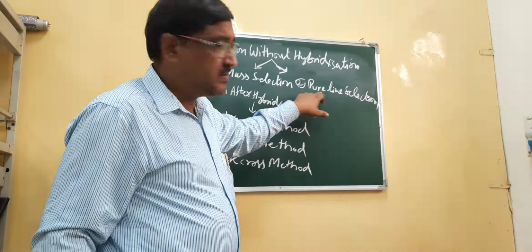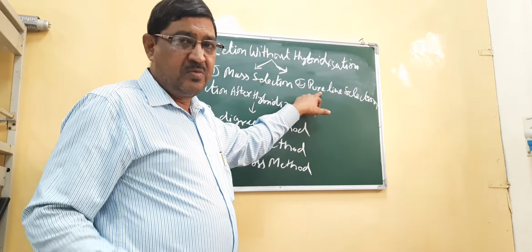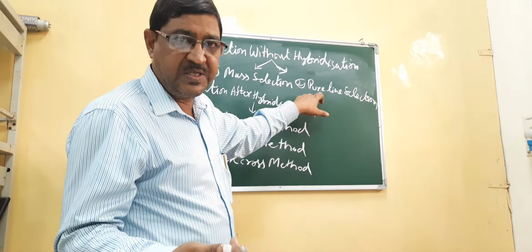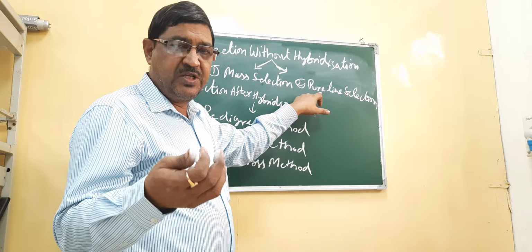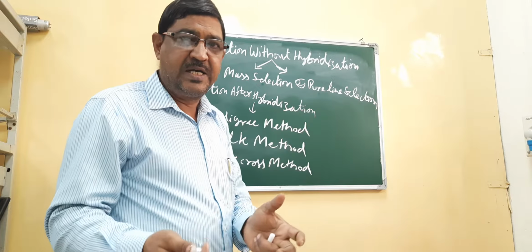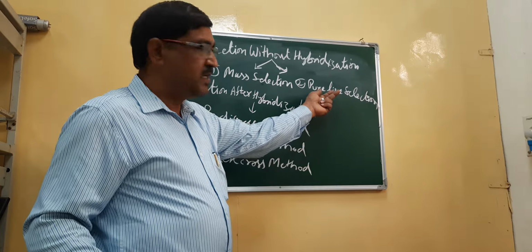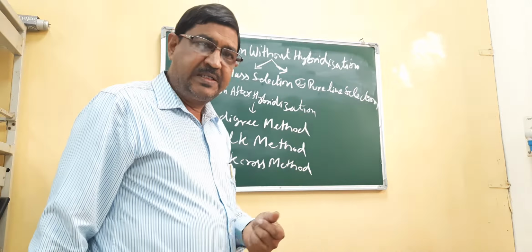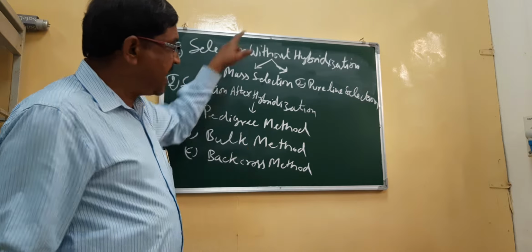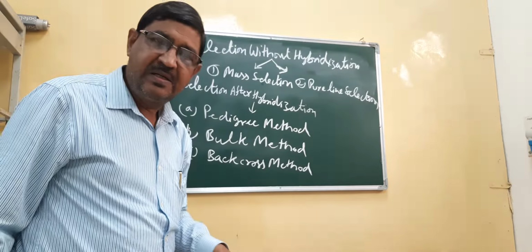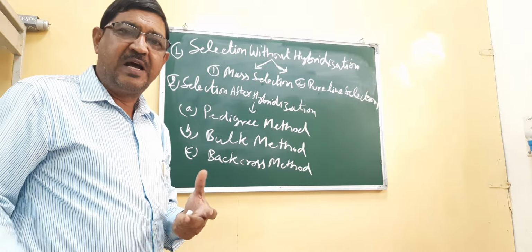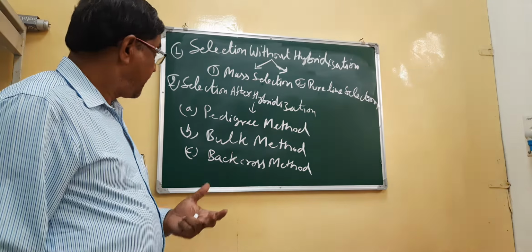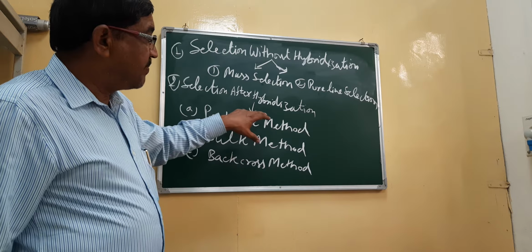This pure line selection is also the same. We are not going to make any crosses. Whatever natural variability is present in the population, we are using that, and we are going ahead to develop a homozygous line. So the variety developed through this method can be said a pure line variety. The varieties developed through all these methods can be said high yielding varieties, inbred varieties. So selection after hybridization.